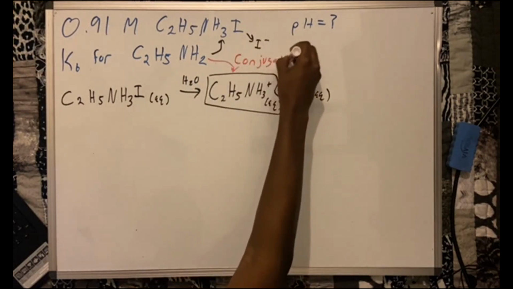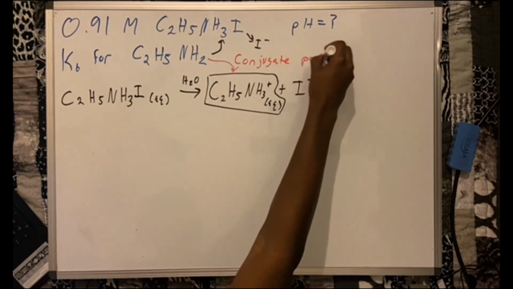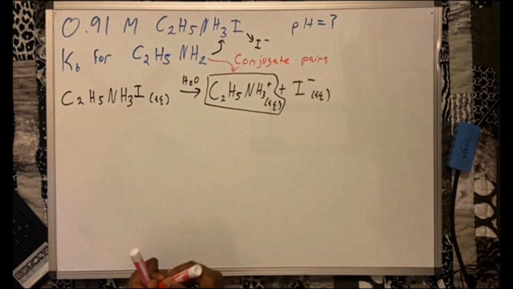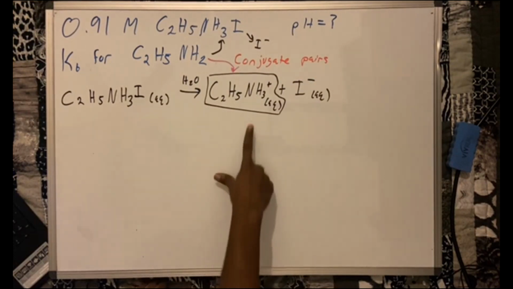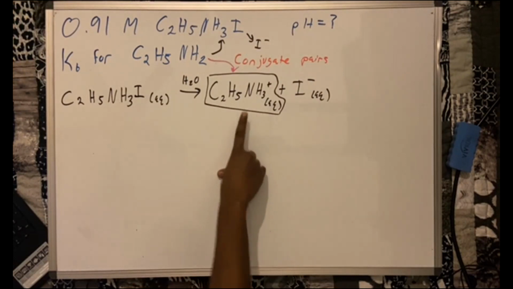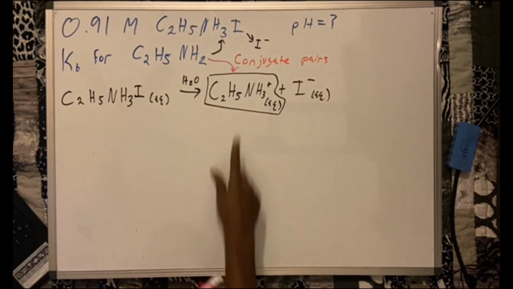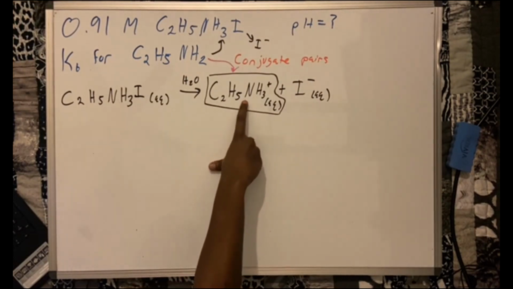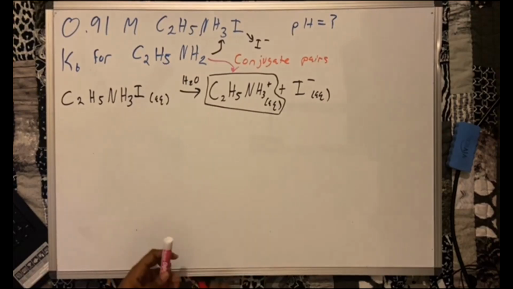Conjugate pairs, right? Okay. All right, so that's going to help, right? We know that these are conjugate pairs. And this one is what? Like with respect to acid or base? The acid. Acid, good. Okay. So this is an acid.